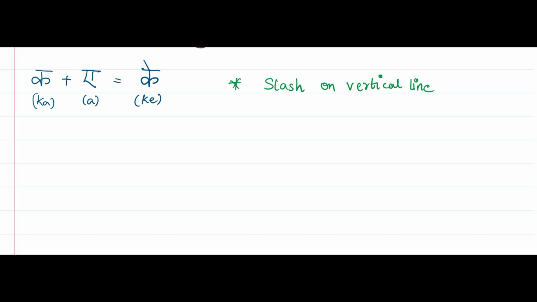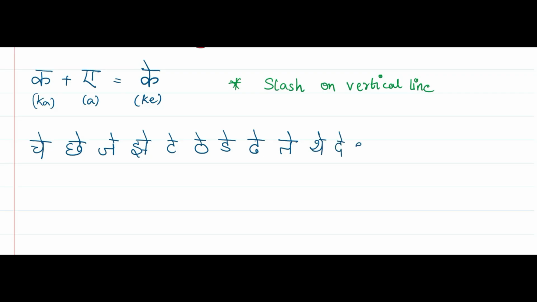Okay? So it becomes ke. You can do it to any consonant. Che, je, jhe, te, the, de, dhe, pe, bhe. So we have learned labial, we have learned various. So you can practice as much as possible. Okay? So this is e sounding.